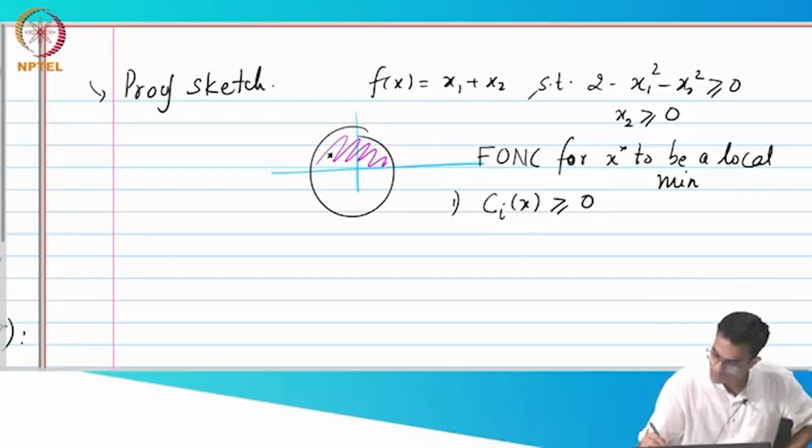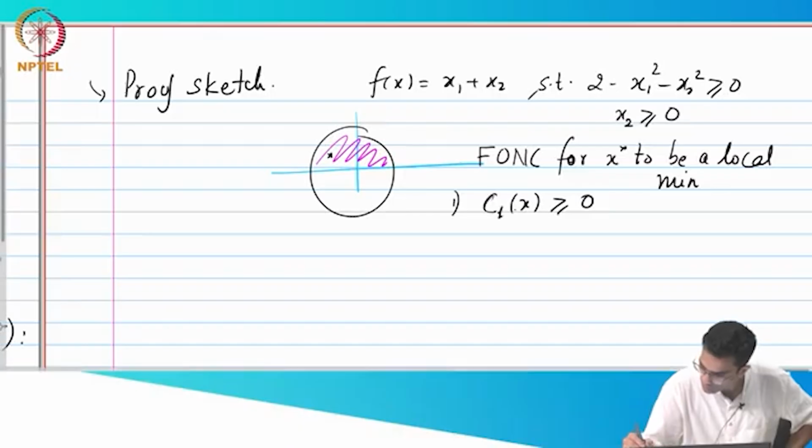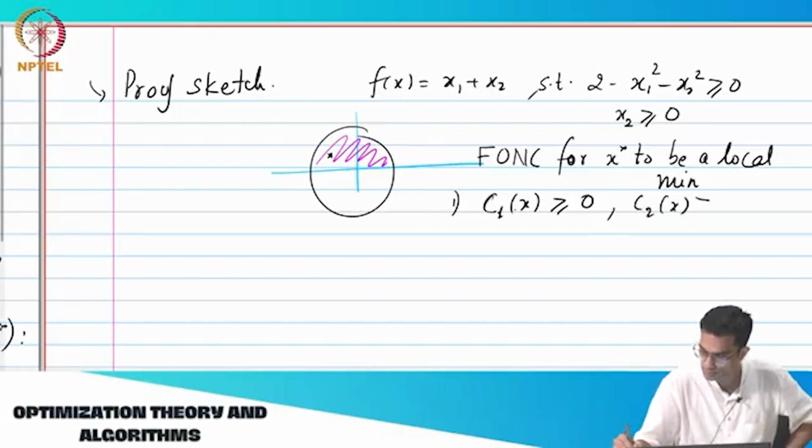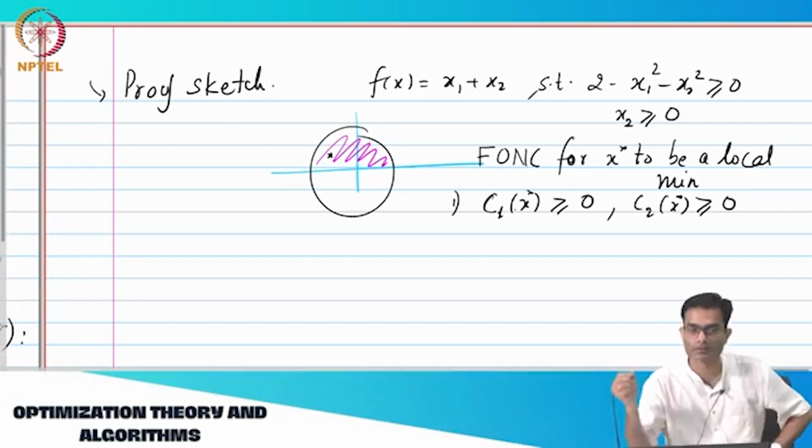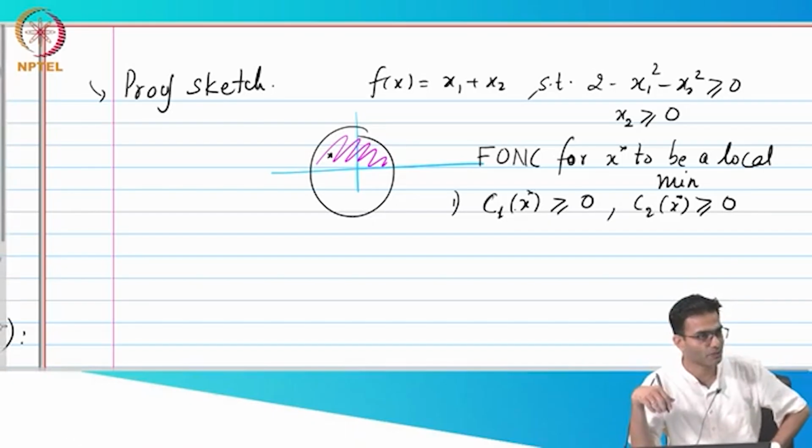So this is C1. Obviously, at this point x star, the inequalities must be respected.